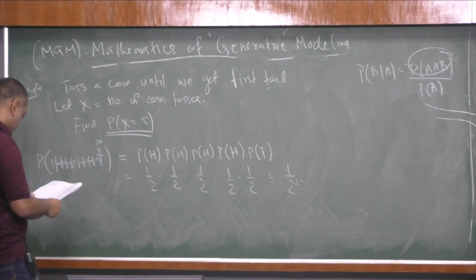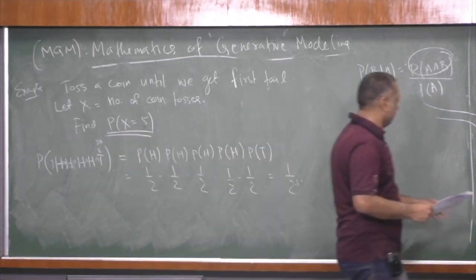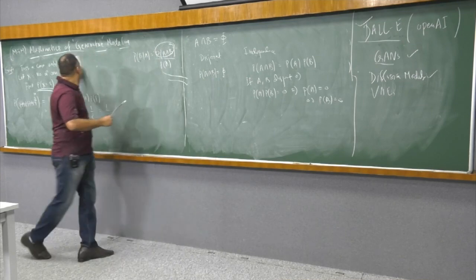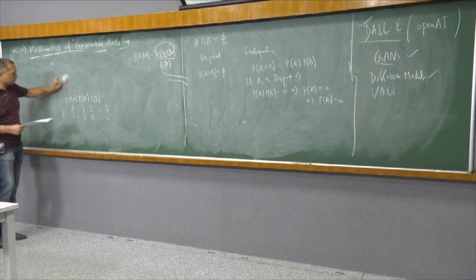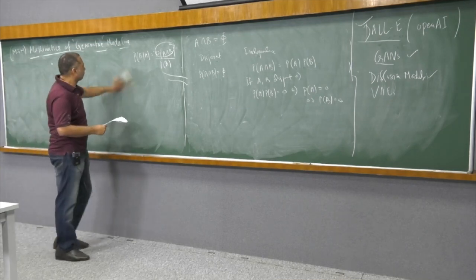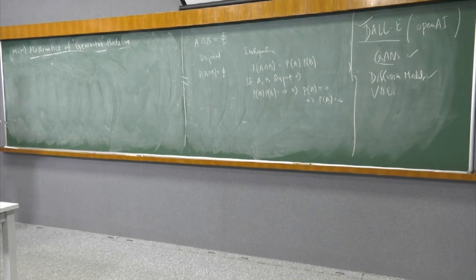Then I can state something called the law of total probability. Let me do it here. Just state it now, and then we can stop for today. I will need maybe 2 more classes to revise probability, and then we can start with the main stuff.